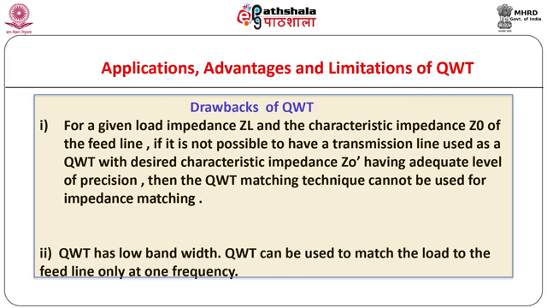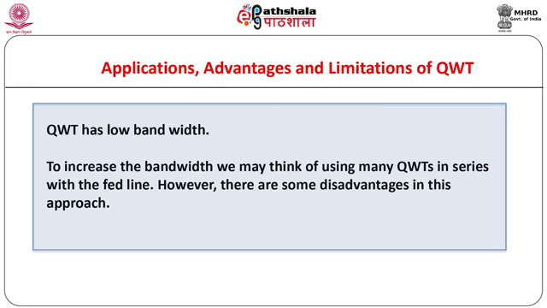This fact is described by saying that QWT has low bandwidth. Here, in the case of QWT, the phrase low bandwidth indicates that only little variation from the original or central frequency is tolerable, so as not to allow much change in the component values.